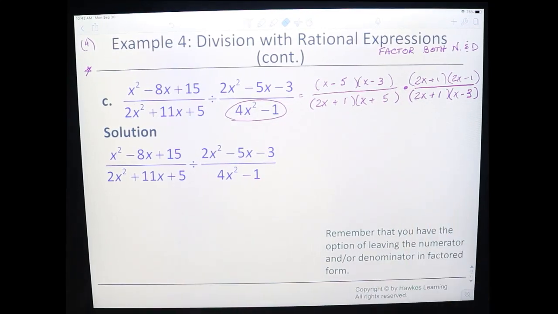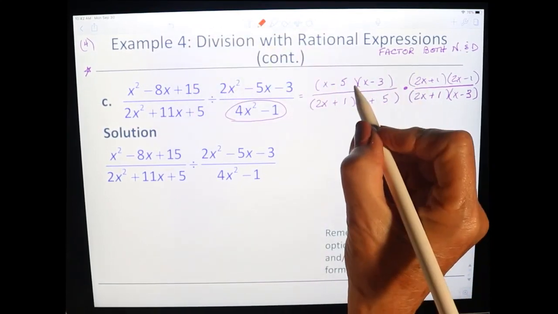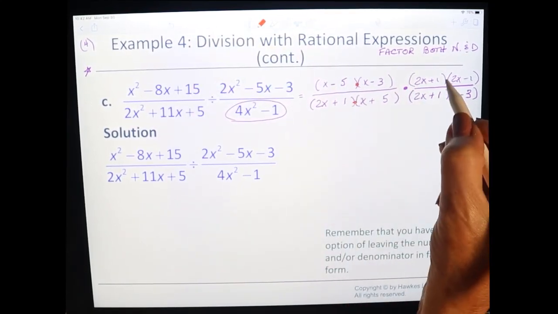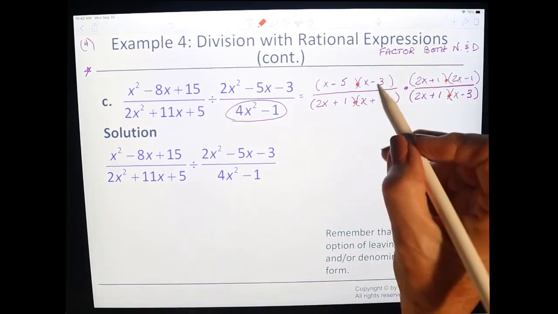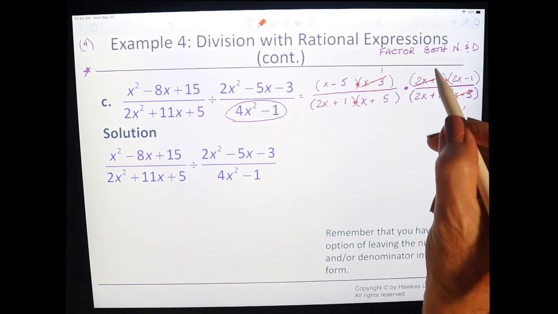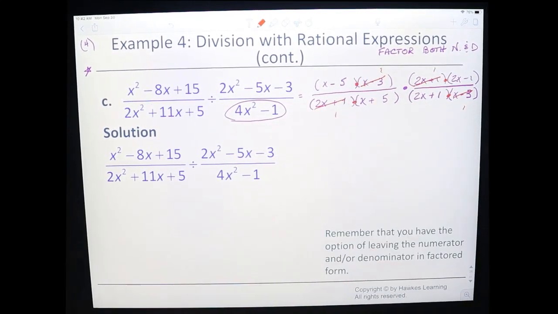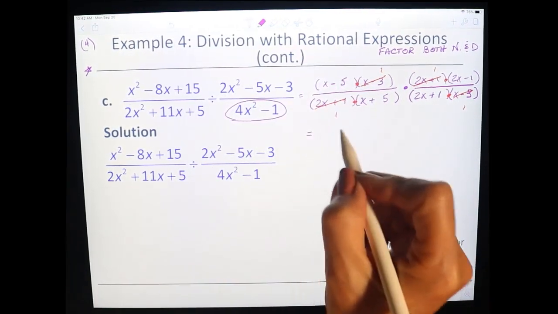Okay, so I'm ready now to come in and look for my common factors. Now remember, this is multiplication, so we're allowed to cancel out so long as these are connected by times. So I see an x minus 3 here. I see a 2x plus 1 there. And I think that's it. None of the others match. So let me go across.